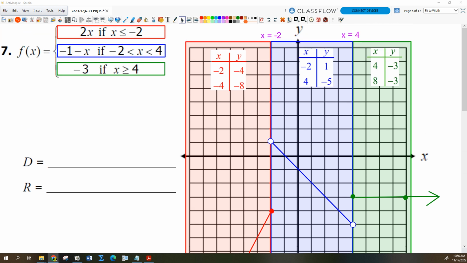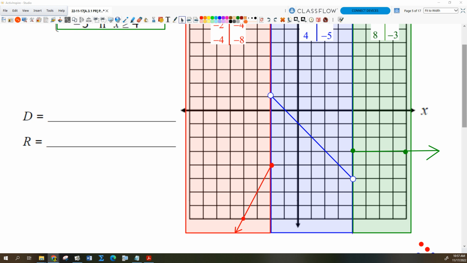Now we need to write down the domain and the range. The domain is all of the x values included in the whole piecewise function, all the pieces combined. A good way to think about this would be to project the entire piecewise function, squeeze it onto the x-axis and see what we get. What about the red piece? What's the domain of the red piece?